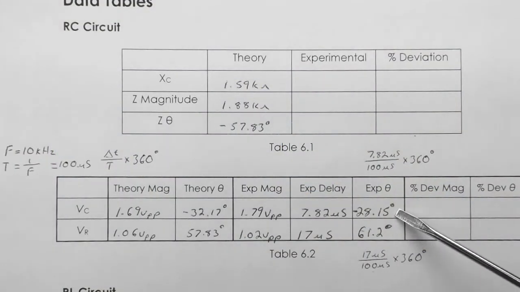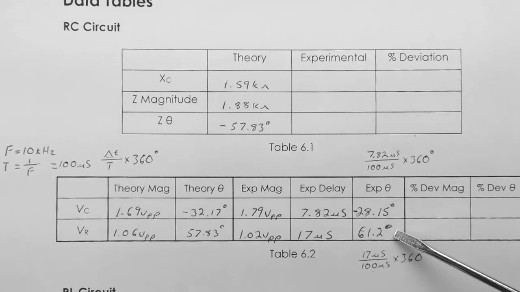So the phase angle for VC is minus 28.15 degrees because that's the voltage across the capacitor, which is channel 2 and is the green trace, and it is lagging the input voltage. And the phase angle for VR is positive because it is the math function, and it was the pink waveform, and it was actually leading the applied voltage.